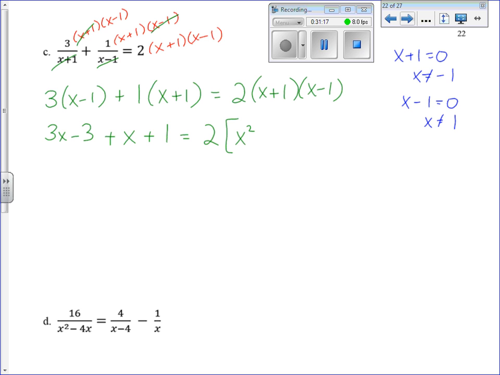X times negative 1 is negative x. 1 times x is x, and 1 times negative 1 is negative 1. x plus x is 4x. Negative 3 plus 1 is negative 2. And then over here, I get 2 times x squared minus 1, because these cancel. So 4x minus 2 equals 2x squared minus 2.